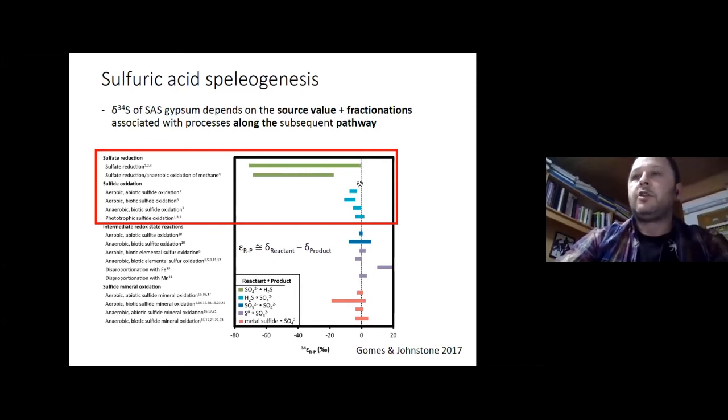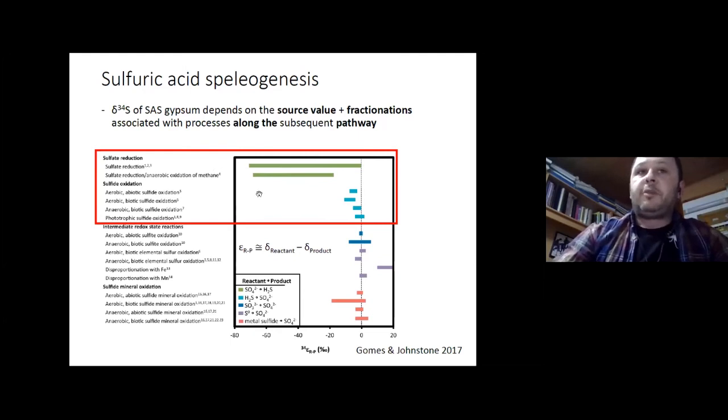So the byproduct, the hydrogen sulfide formed by reduction of evaporitic rocks, can be up to about 60 per mil lower than the source evaporitic rock. For example, if that was plus 20, the product hydrogen sulfide can then be minus 40 per mil.